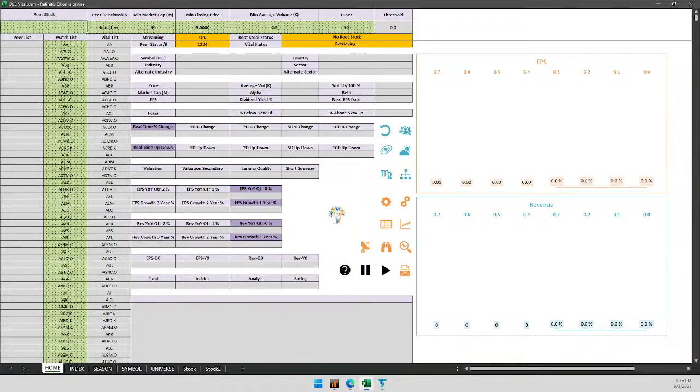Give it a few seconds. On Friday, 88% of these 1, 2, 3, 4 liquid mid-price stocks went up.